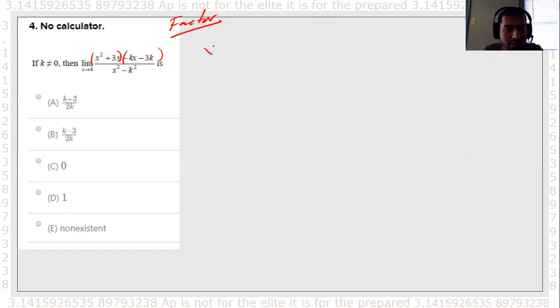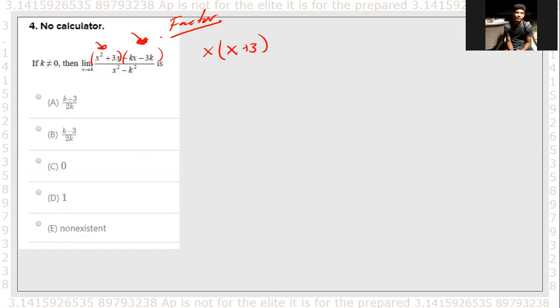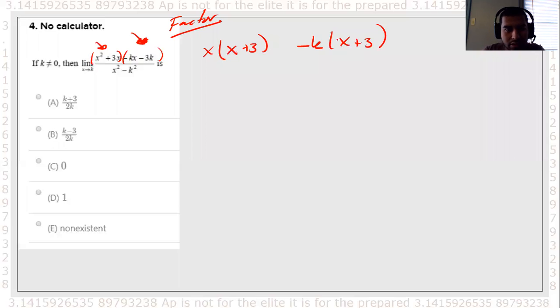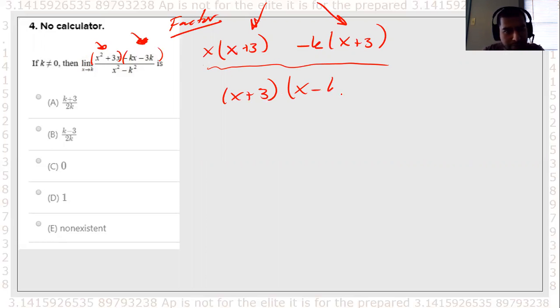It looks like this one, we can factor to be x outside, x plus 3. And then if we factor this one, it looks like I can factor negative k, x plus 3. And we factor this one more time, we see that these are in common. So I got x plus 3 factored, and whatever's left over is x minus k.